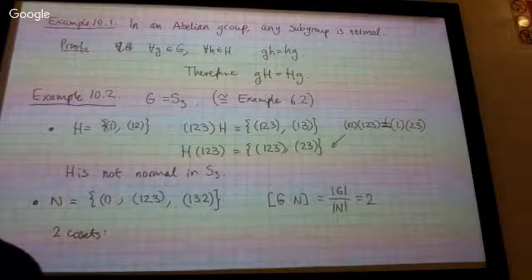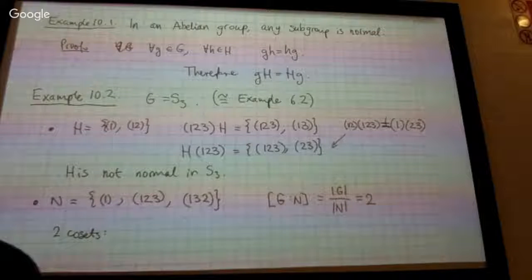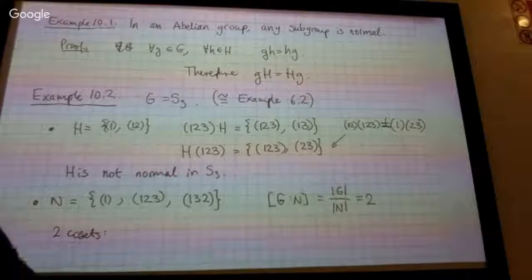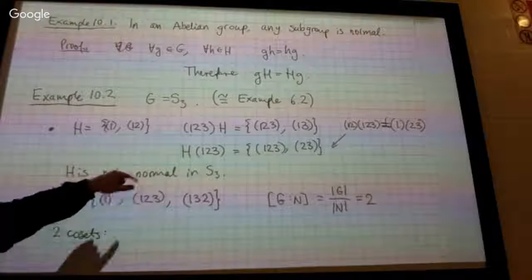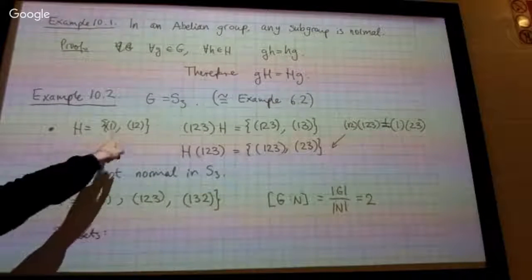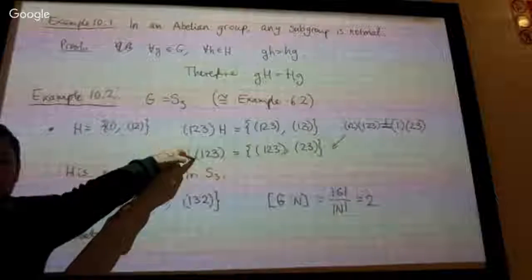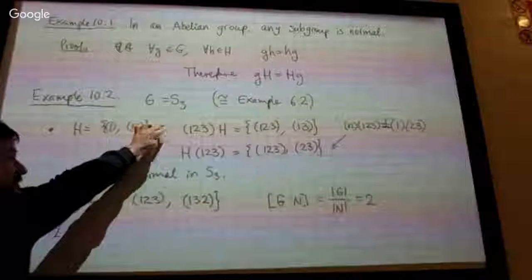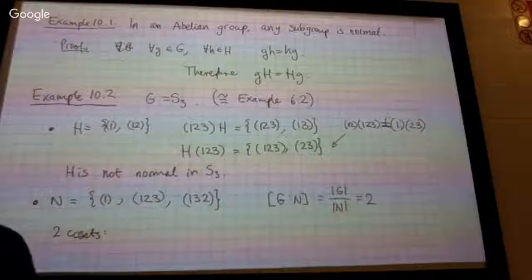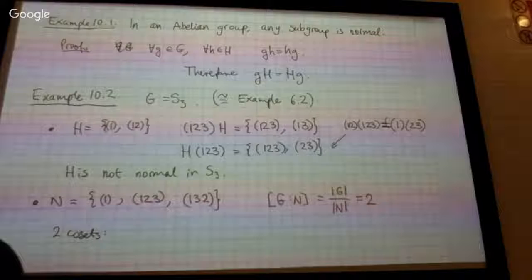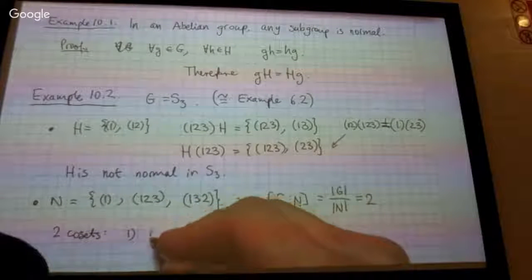And one of them is, in other words, this means, well, here there are 3 cosets, and now there is 1 left and 1 right one. But there are 2 more and 2 more. That's the other sort. So of course, one of the cosets is always the subgroup itself.